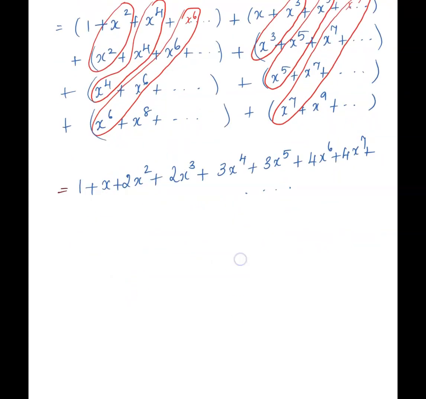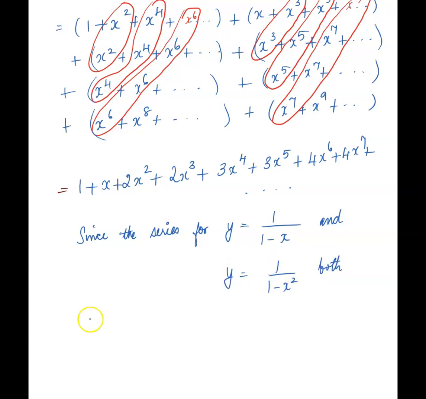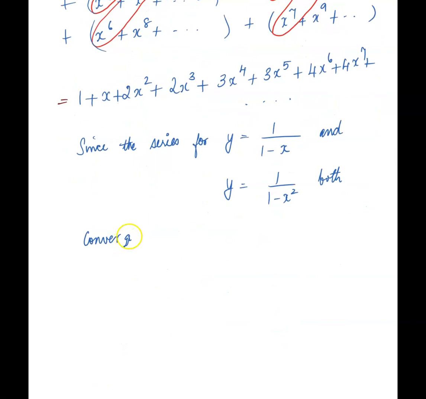Alright, and then we'll just conclude and say, since the series for y equals 1 over 1 minus x and y equals 1 over 1 minus x squared both converge on negative 1 to 1, the series of the product, the one that we just built above, also converges on negative 1 to 1.